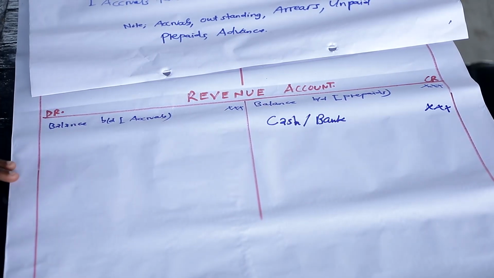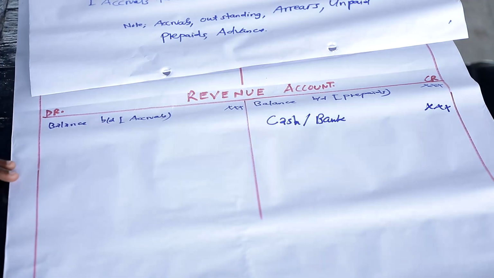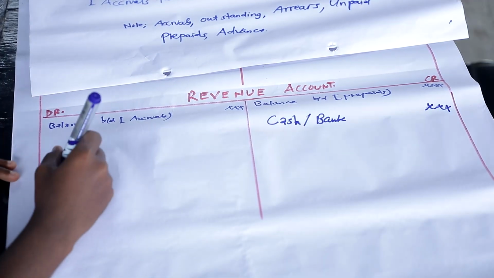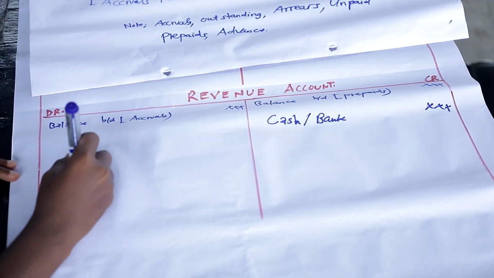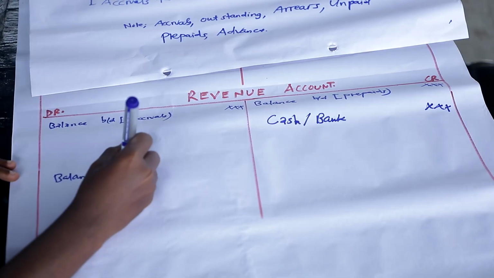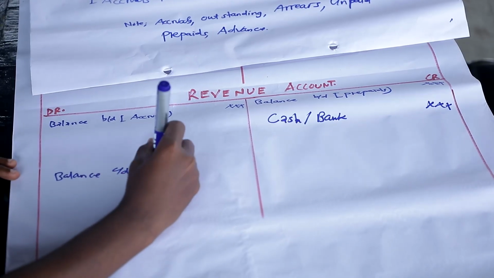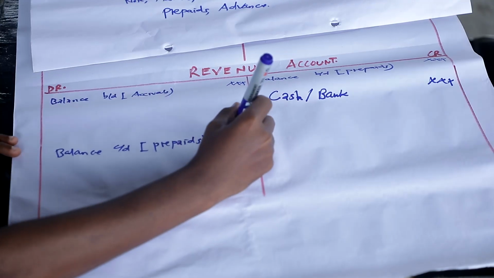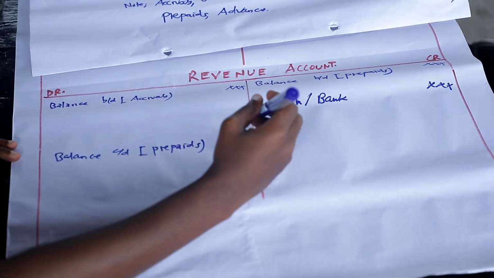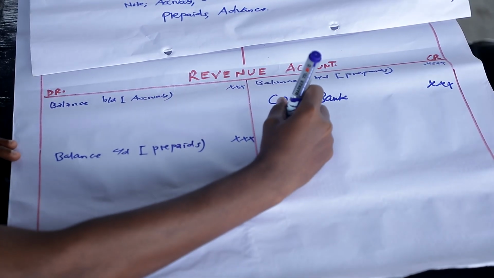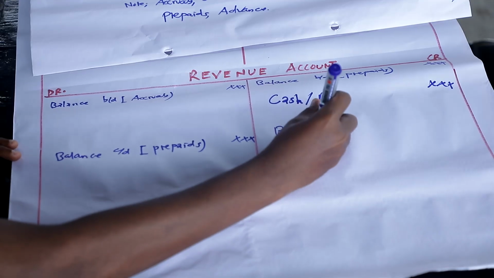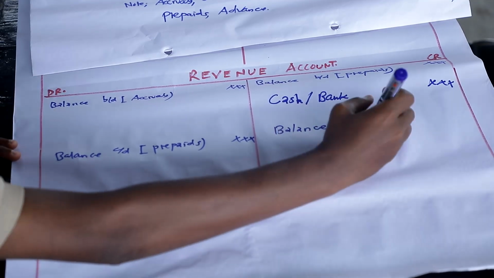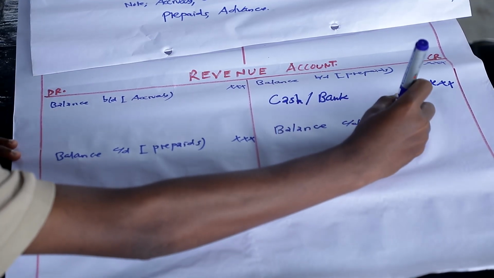And after that, we are going to record the balance carried down at the end of the month. Hereby, we are going to debit the prepaid revenues. So here we have the balance carried down for prepaid revenue. And here also we're going to have the balance carried down for accruals.